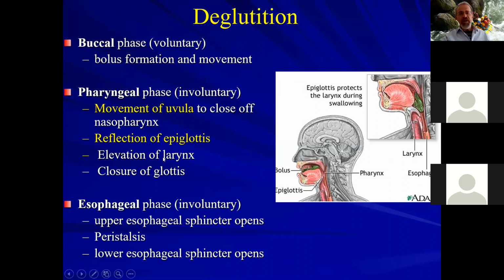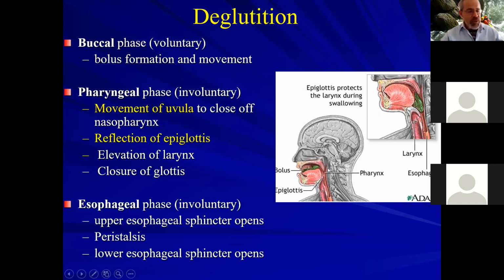This involves essentially the formation of a bolus of food. What is a bolus of food? That's where the food is mixed with saliva, chopped up a bit by your teeth and tongue. It becomes like a little softball, a very soft ball, right? And that's starting to move back to the back of the mouth. That's called the buccal phase.